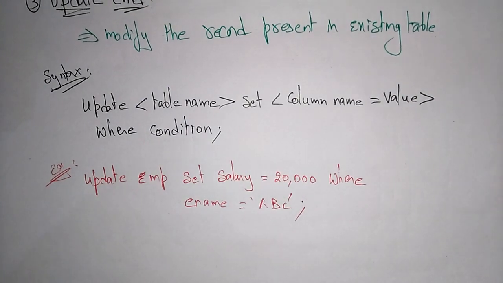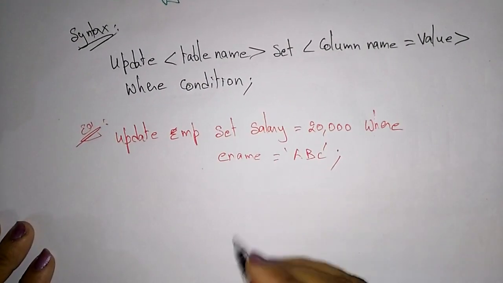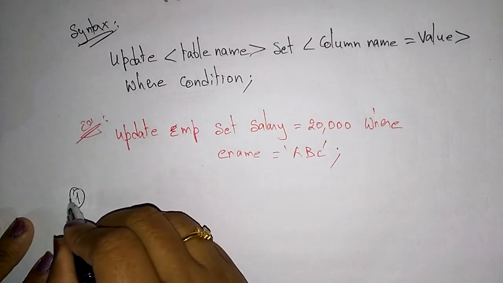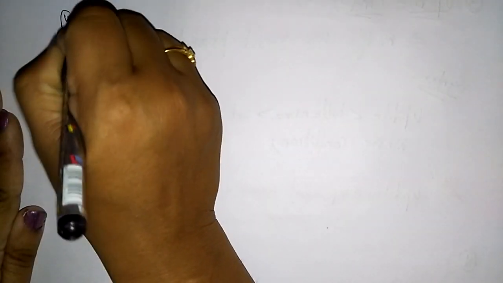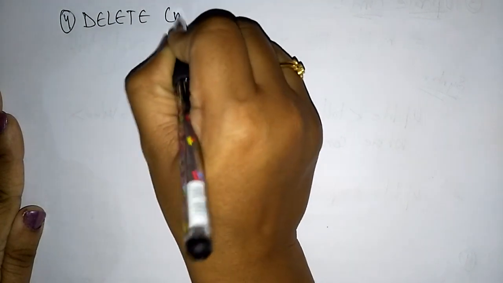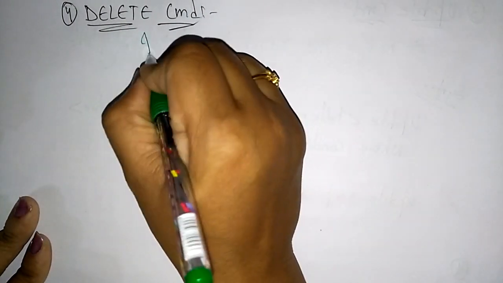Now coming to the last command in the data manipulation language, that is the delete command. The fourth command in data manipulation is the delete command. What is the use of the delete command?